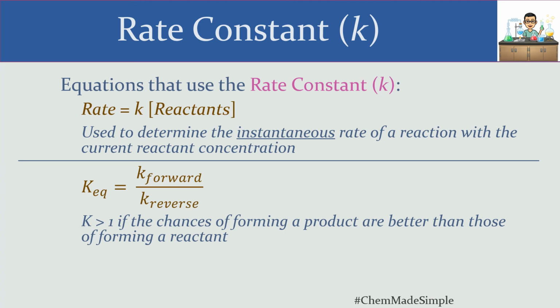Another way of calculating the equilibrium constant is to look at the rate constant for the forward reaction, which incorporates the energy barrier moving forward, how well the reactants fit together, and how fast the molecules are moving. We can compare that to the rate constant moving backwards, which looks at the activation energy on the way back, which is not the same as the activation energy moving forward.